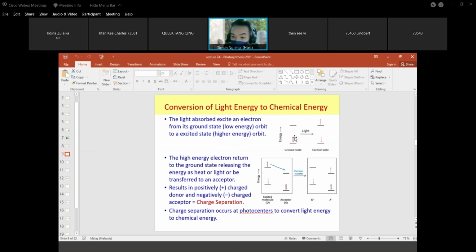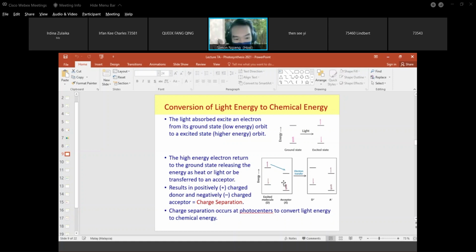So you see, normally under ground state, you have an electron pair, which is indicated by the 2 lines that you see here. Once it gets excited, it will go up into a higher energy level, which is called an excited state. Once it got excited, it cannot be excited forever, so it is going to pass that excitement to the next chlorophyll, which is of a lower energy.